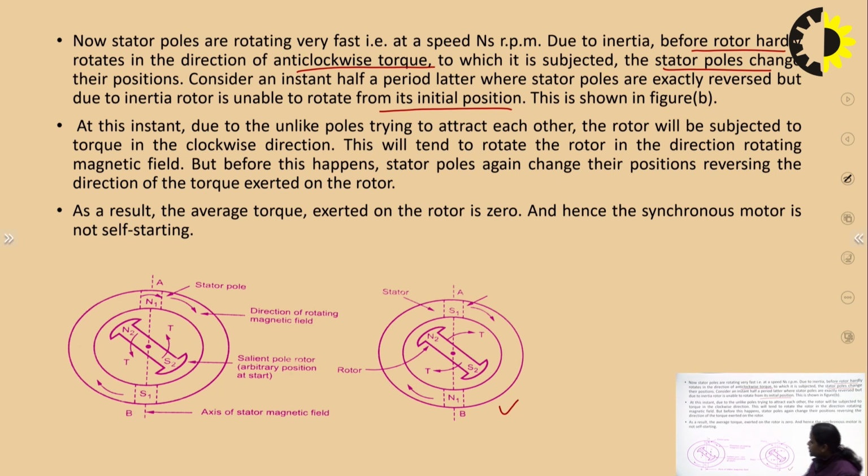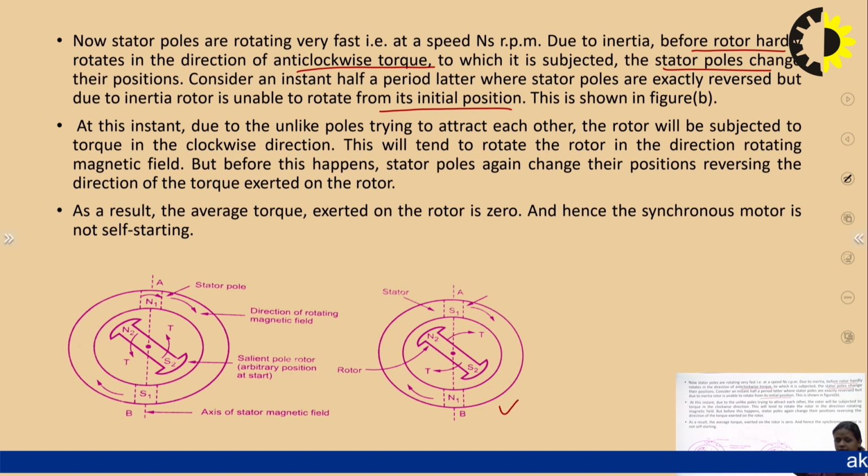We have seen that the anti-clockwise torque is acting on this rotor, but we know that the stator poles are rotating at a synchronous speed. So before the rotor can rotate, the position of these poles will get changed. Now here we have S1 and here we have N1, right?